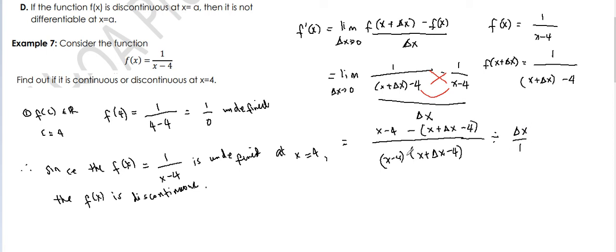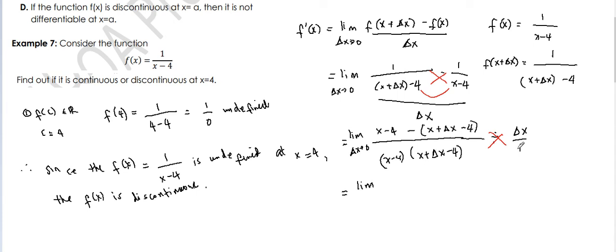Pwedeng ganyan. Alam natin na if we're having a division of polynomial, cross-multiply lang natin to para makuha yung ating pong quotient. So we have the limit.